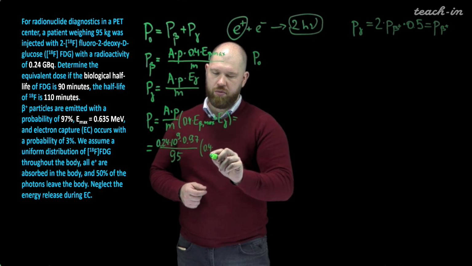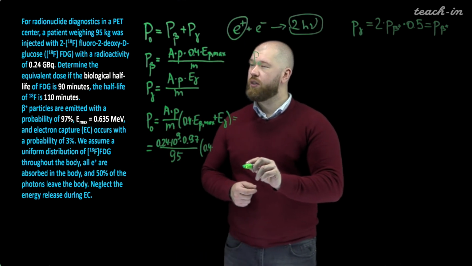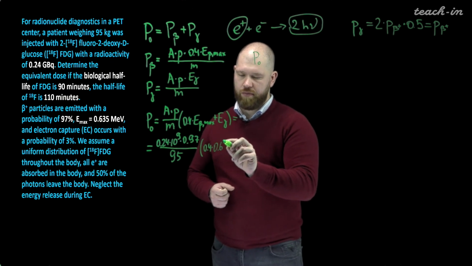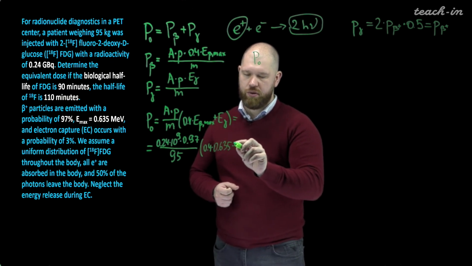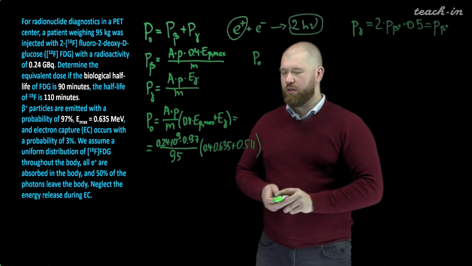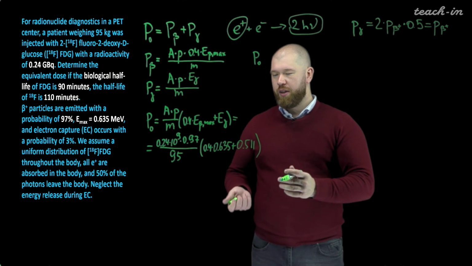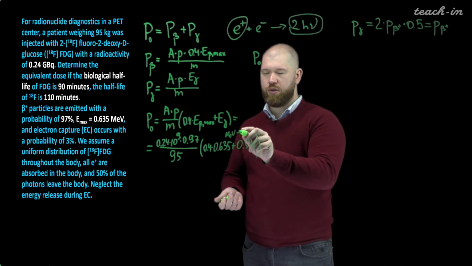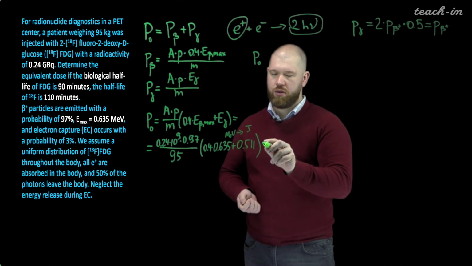Energy of beta particles here is 0.635 mega electron volts plus 0.511. It is mega electron volts, and as far as it is mega electron volts, we have to convert it to joules as well.